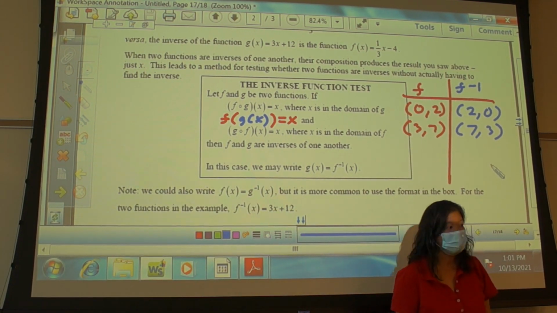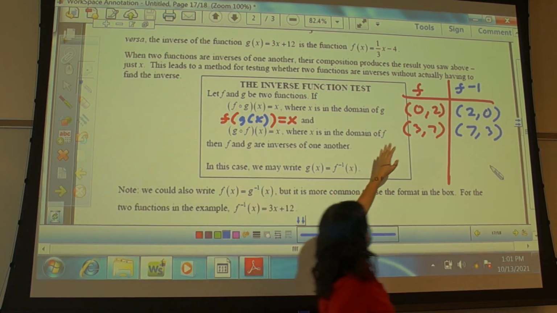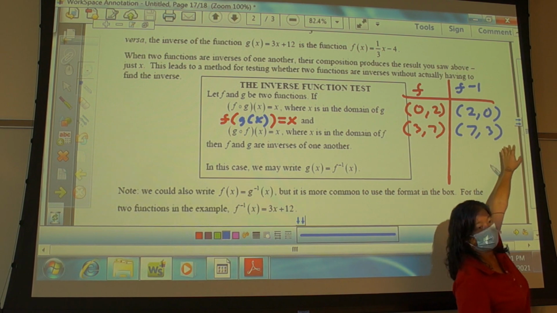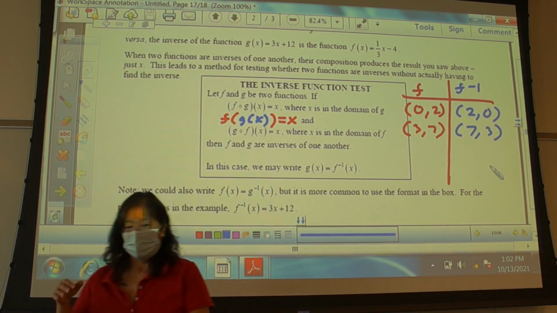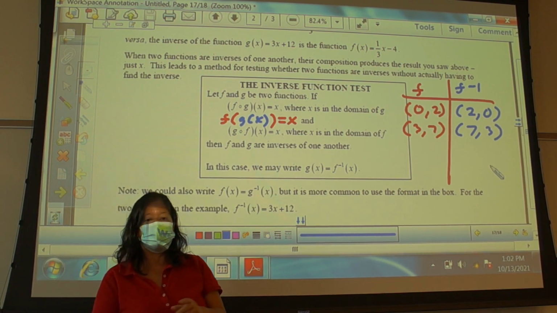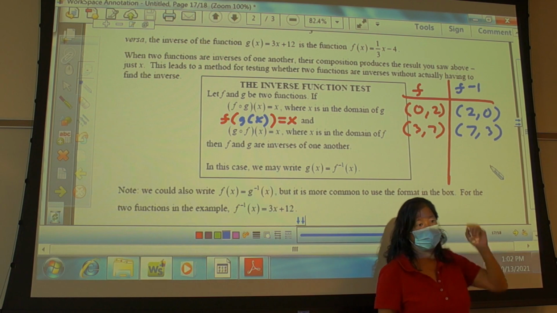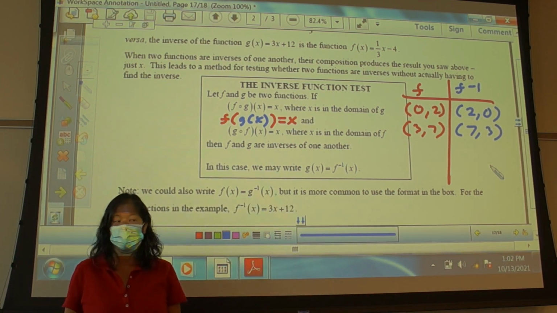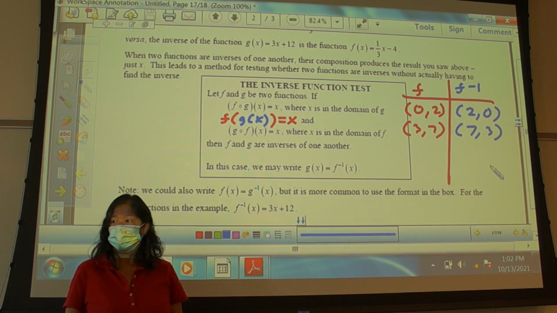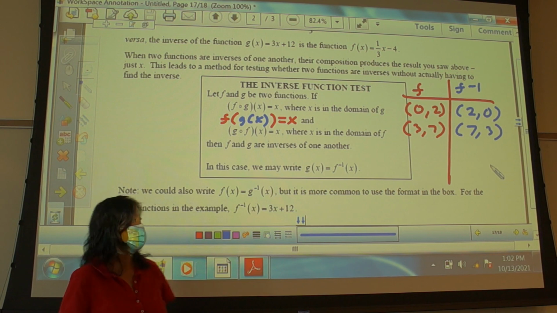It undoes it, right? So inverses undo each other. Whatever you started with, if you do both of them, you should get back where you started, no matter what, because x and y swap, so you go from one to the other, and then swap and send you right back to where you started. Which should happen. If they undo each other, you should get back what you started with. Okay?